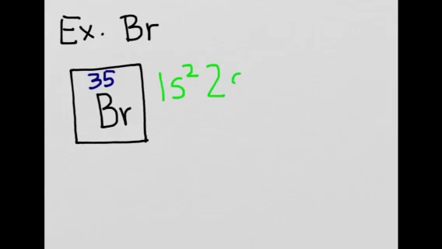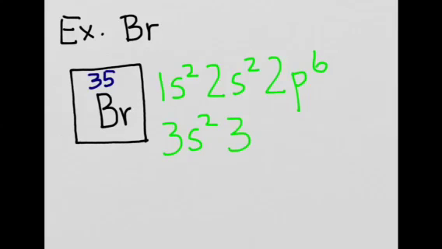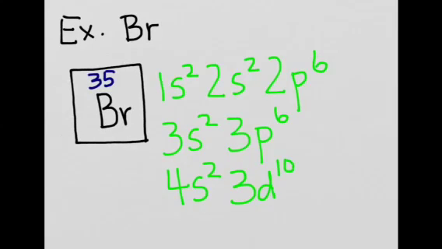We'll pop down to 2s2, pop across to 2p6, pop down to 3s2, pop across to 3p6, pop down to 4s2, and now we can't pop across because we've got some d's in there, and we remember that they're at the third energy level, and there's going to be 10 of them because we see bromine over there in the p block, and then we're going to finish up with 4p5.